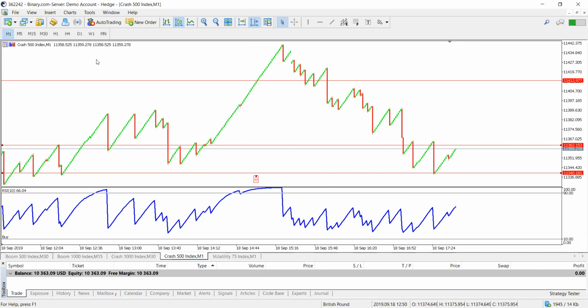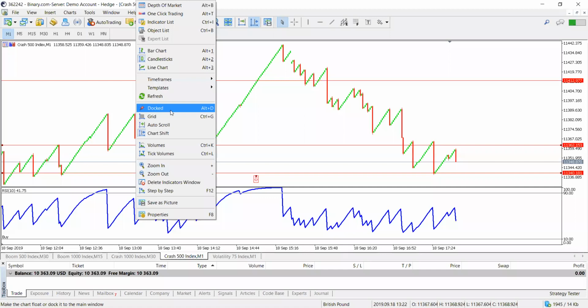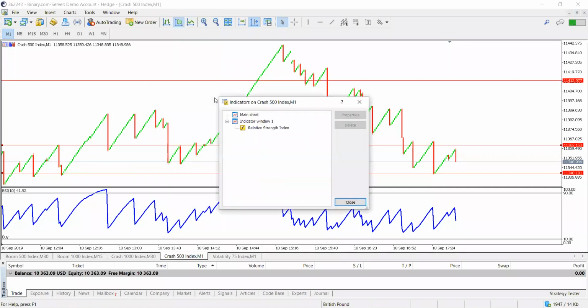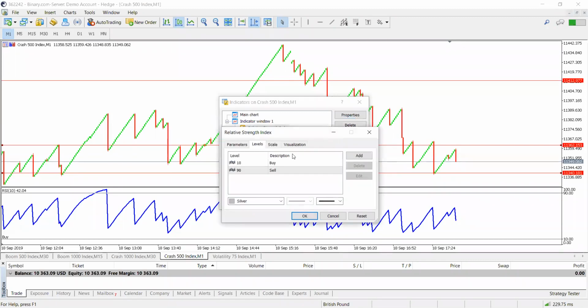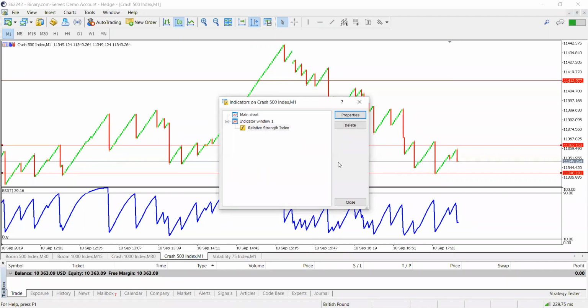Let me reduce this RSI. Okay, where are we? Indicator list. Some of the parameters will work better on a mobile phone than on this. This is closer, okay.